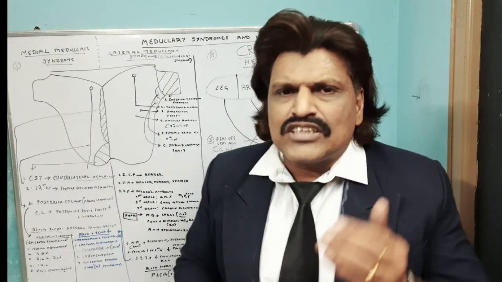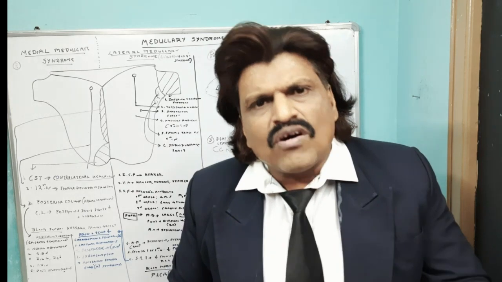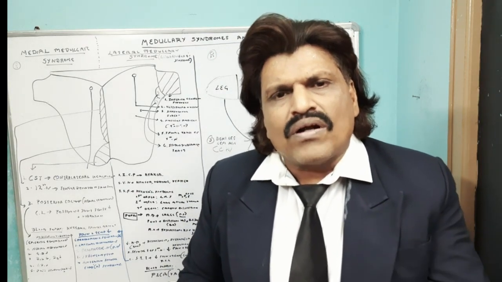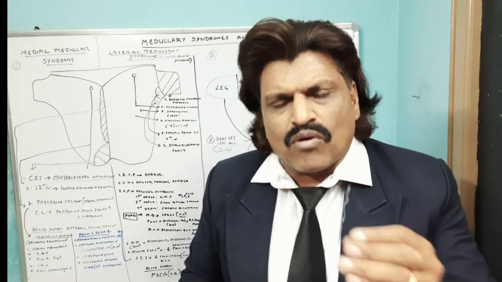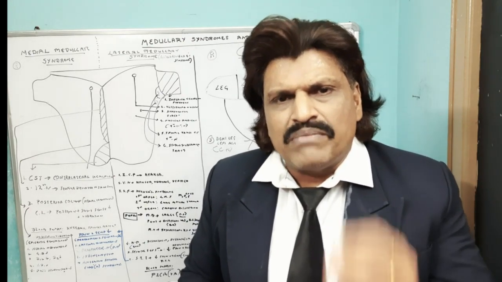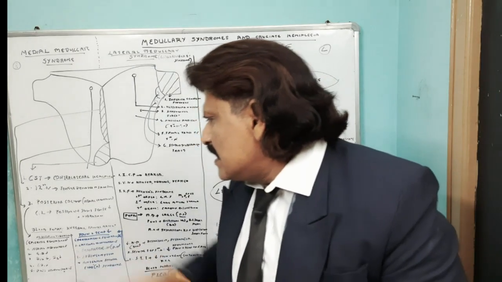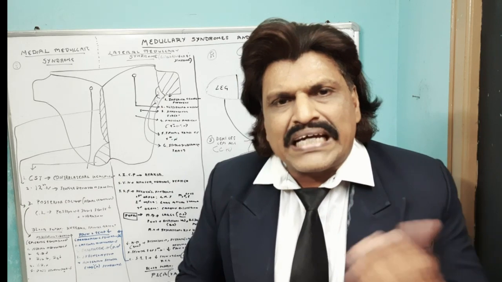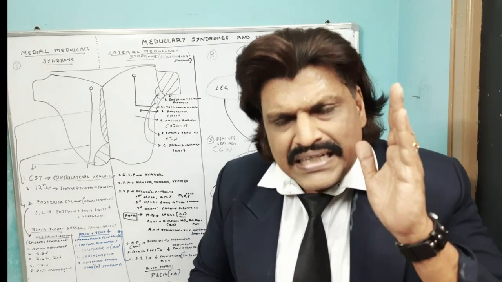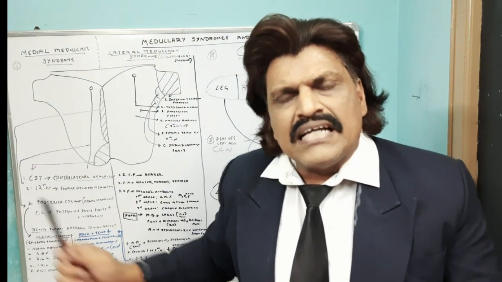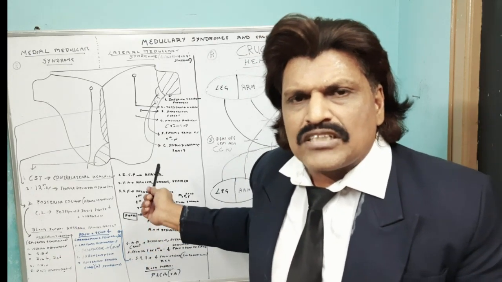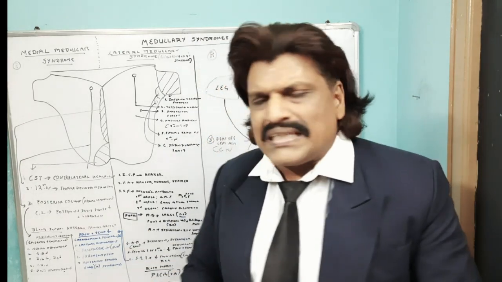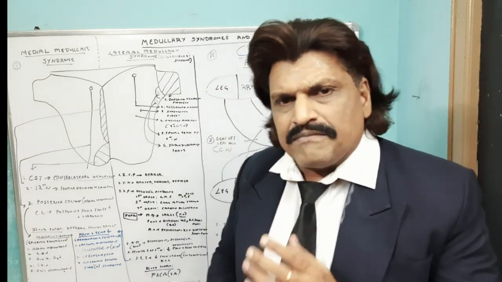So other than this medial medullary syndrome, what are all the other conditions which selectively affect the posterior column, or the sensations carried by the posterior column or large fibers, namely position, joint, vibration sense? Position, joint, vibration sense are otherwise known as epicritic sensations. So epicritic sensations are lost, and sensations carried by the spinothalamic tract or small fibers, that is pain and temperature fibers, otherwise known as protopathic sensations, are spared.